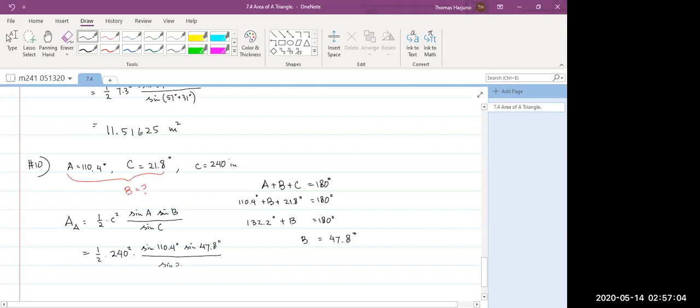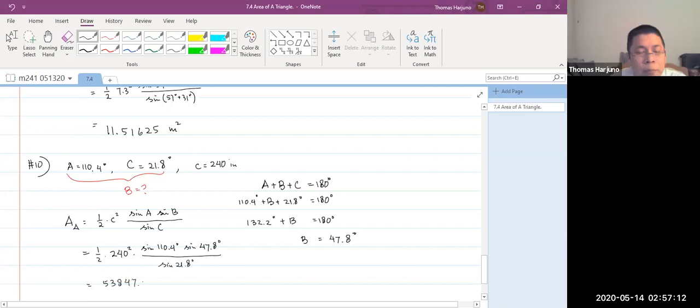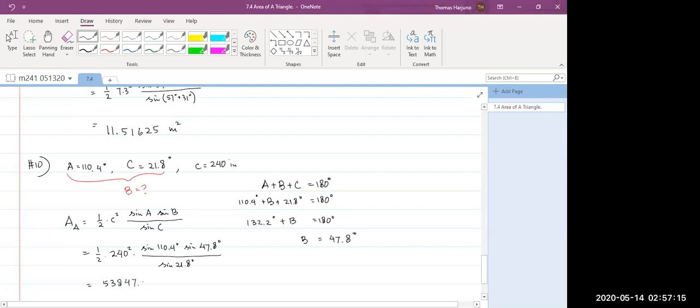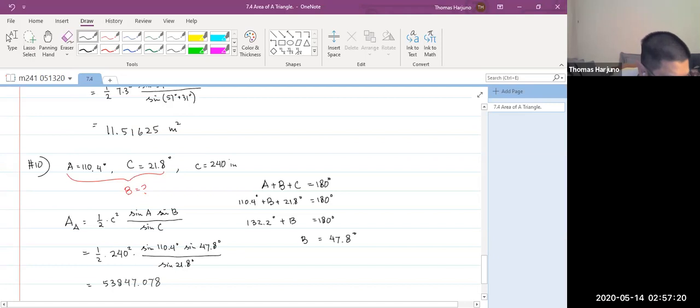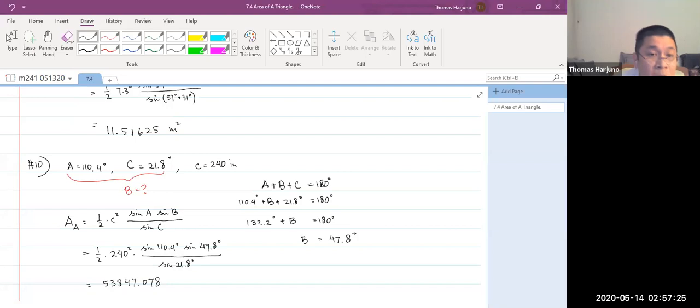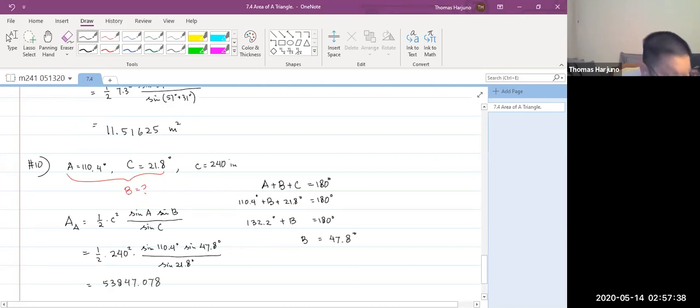I got 53,847.078. Okay. So 240 squared divided by 2 times sine 110.4 times sine 47.8 divided by sine 21.8.